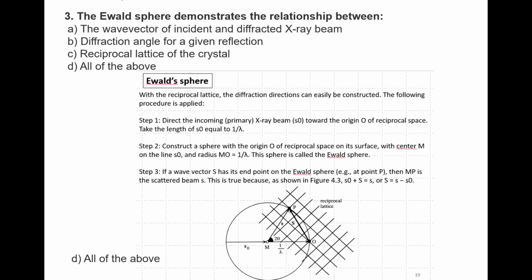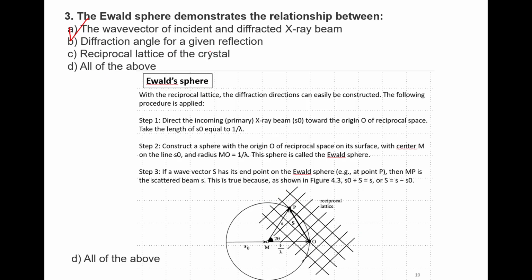Then, the Ewald sphere demonstrates the relationship between. What are the options? The wave vectors of the incident and diffracted X-ray beam. The wave vectors are s naught and s. So yes, the Ewald sphere demonstrates the relationship between them, how they should behave so that you get a diffraction spot in that reciprocal plane.